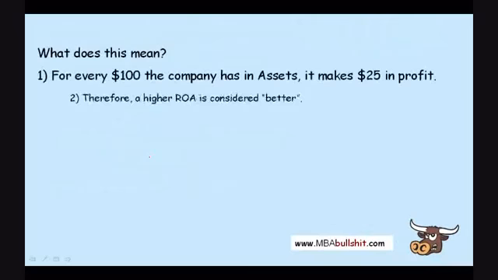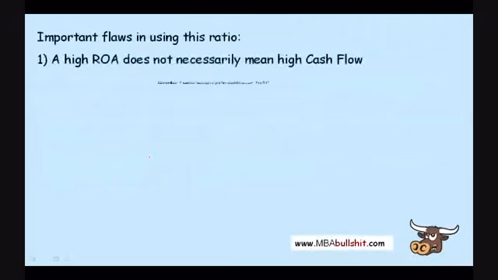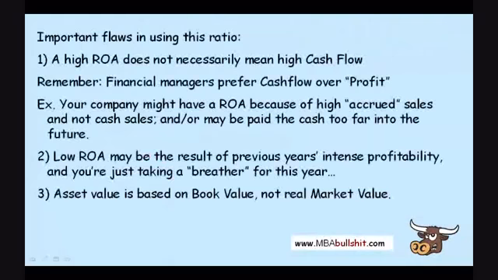It is based on book value. Let's say your company has assets in the form of a building, for example, or a car. The value of this building, if you sell it, might be $1 million.